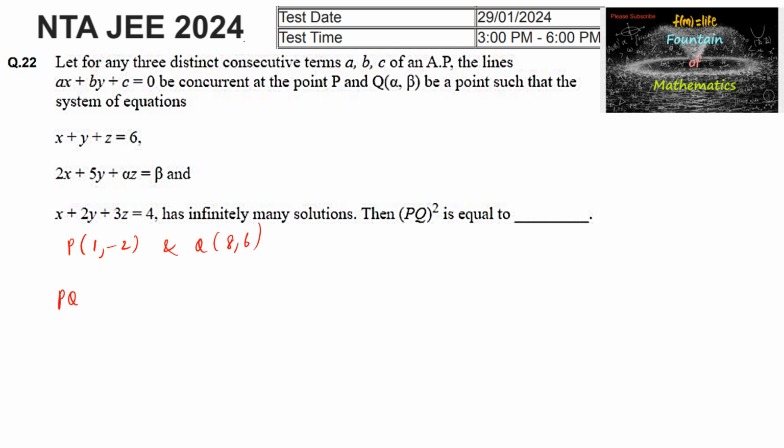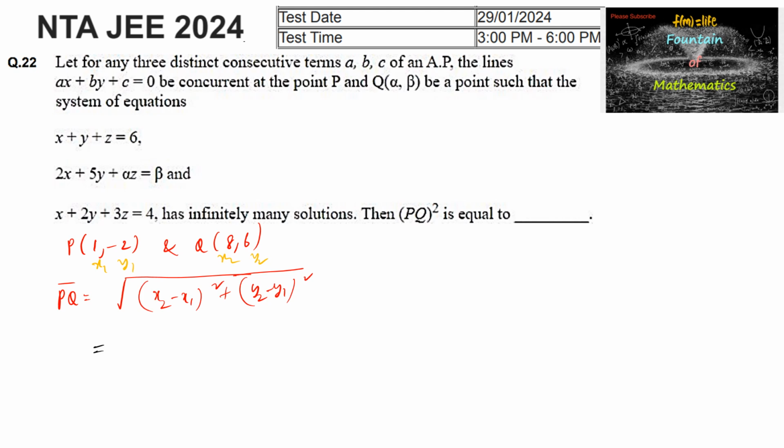So PQ is equal to under root of x2 minus x1 whole square plus y2 minus y1 whole square. So we may consider the points here: this is x1, y1, x2 and y2.